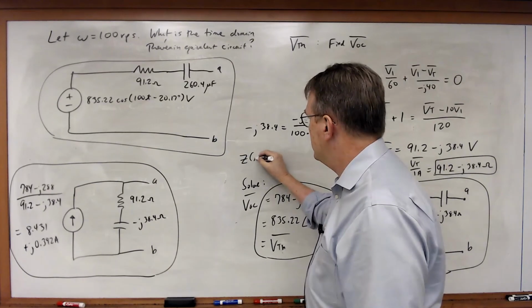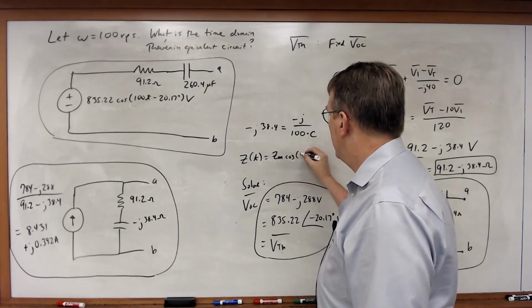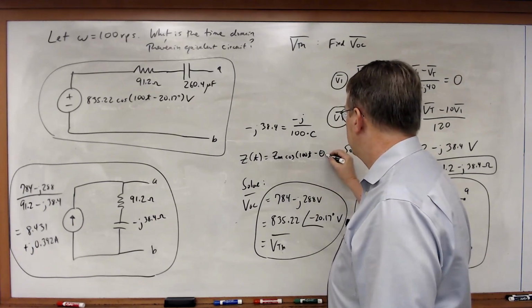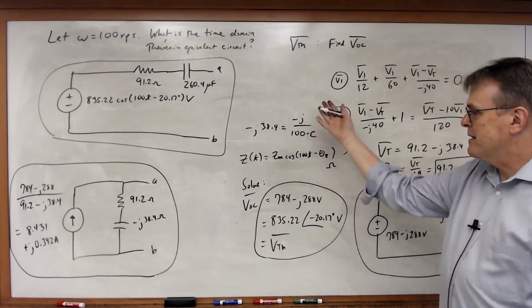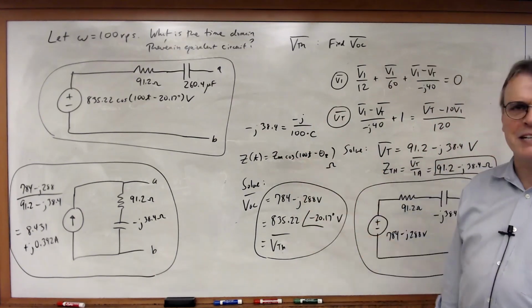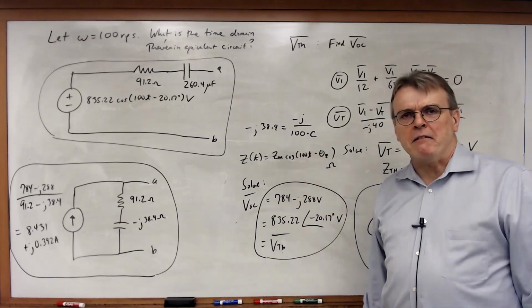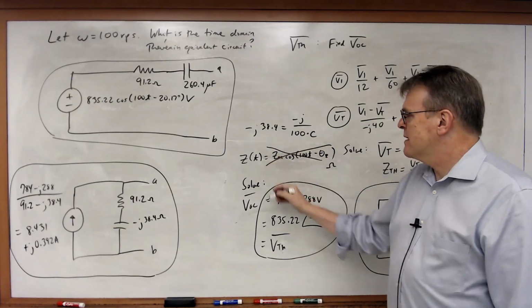They'll try to write Z of t is equal to some magnitude times cosine 100t minus theta sub z for that impedance, in ohms. That makes no sense. There's no such thing as a sinusoidal time domain resistance or anything else like it. So this doesn't make any sense.